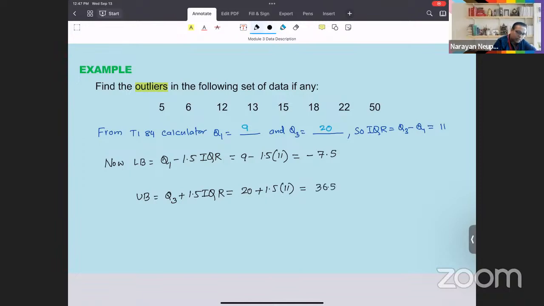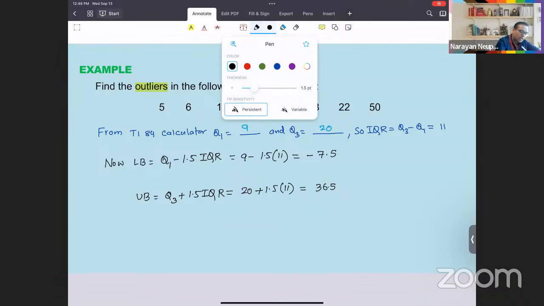Check it. You can type that in your calculator, 36.5. Now, once you have that, you have to look at the given data set. Are there any data values more than 36.5 here? What is that? 50, right? 50 is more than 36.5. That means 50 is an outlier. Okay? So we'll write that answer here.